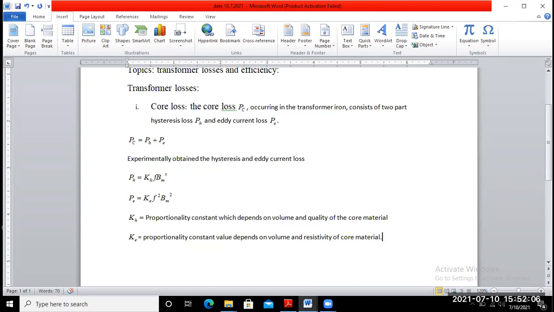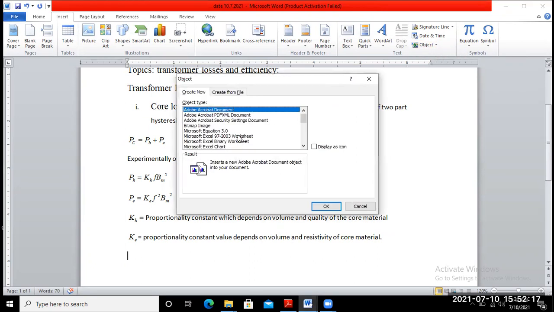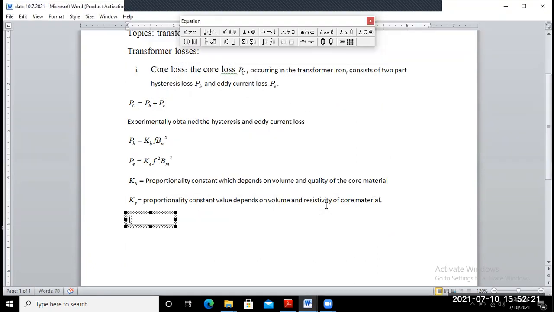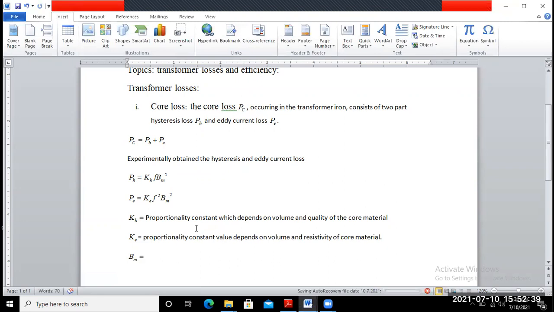And similarly, BM, B maximum, represents the maximum flux density in the core.